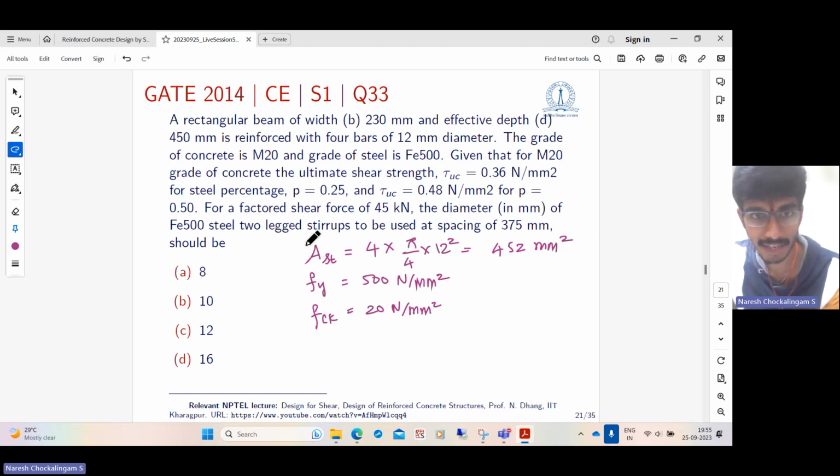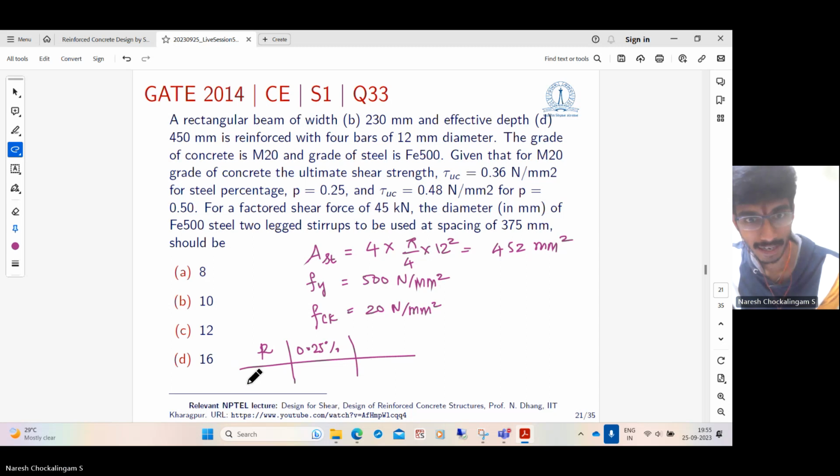When the percentage of tensile reinforcement, the steel percentage, is 0.25%, the nominal shear strength of concrete in MPa is 0.36. And when the steel percentage is 0.50%, the shear strength of concrete is 0.48 MPa.